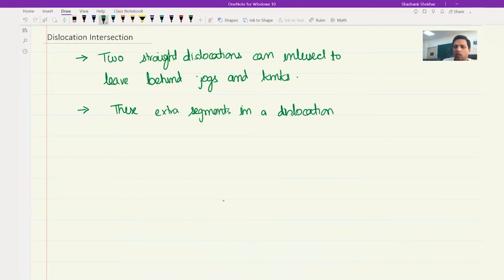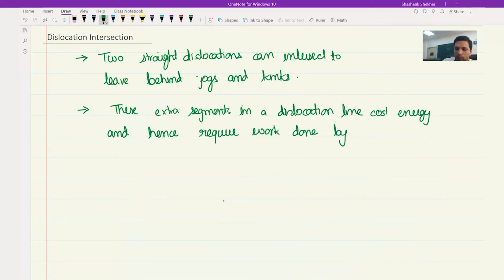So we will also look at what this extra energy cost means. It implies hardening of the material.